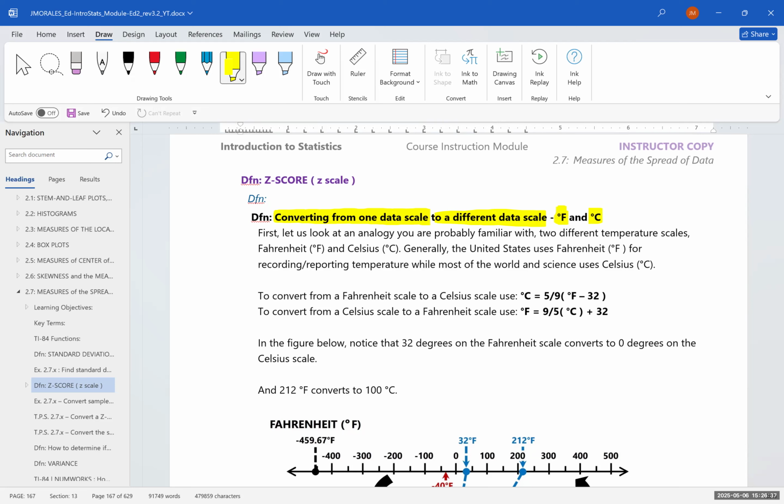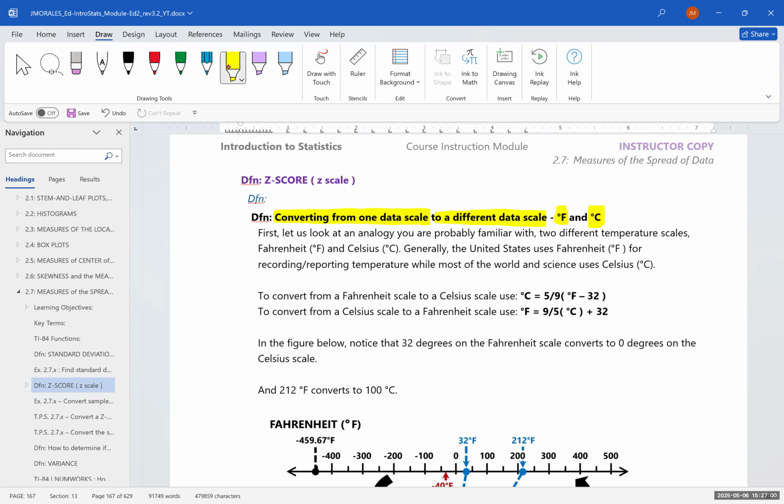But the rest of the world uses degrees Celsius instead to measure temperature. Well, if I'm 98.6 degrees Fahrenheit, there should be an equivalent measurement in degrees Celsius that also describes my body temperature accurately.